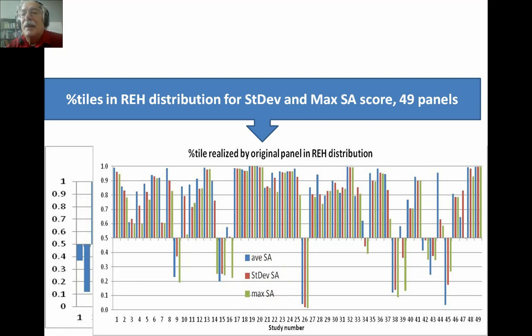And here we have the studies on the horizontal, and we are plotting the percentile in the scrambled distributions that is realized by our original panel for these scoring variables. And what you see is that that percentile overwhelmingly concentrates towards the top of the distribution. Not always, but in most cases.